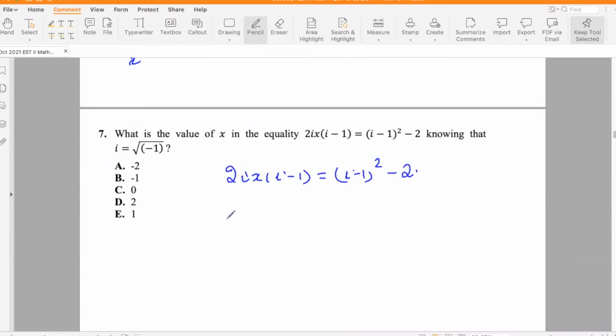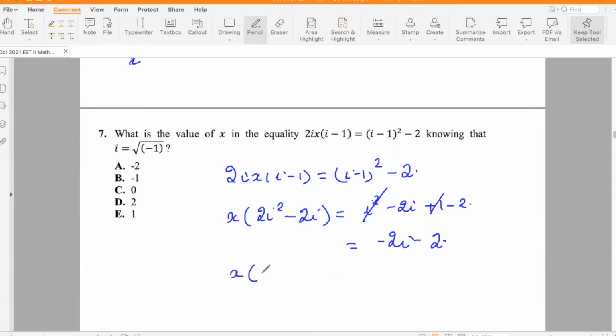So x times (2i squared minus 2i) is i squared minus 2i plus 1 minus 2. i squared is minus 1, so minus 1 and plus 1 cancel. So minus 2i minus 2 on one side, and here I get minus 2 minus 2i. So x is 1.